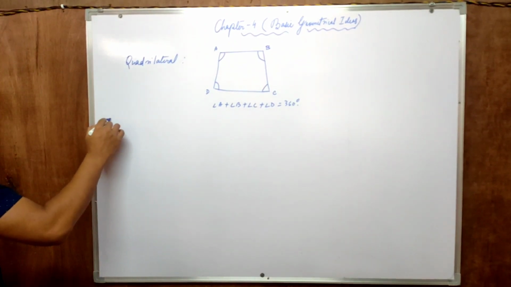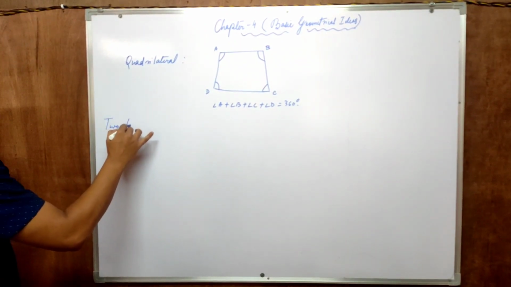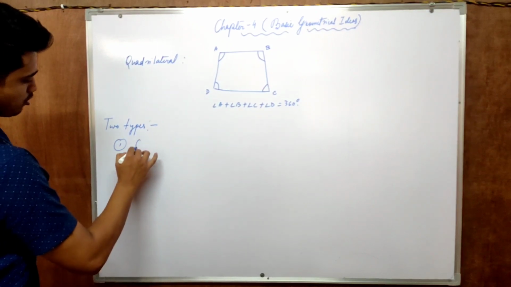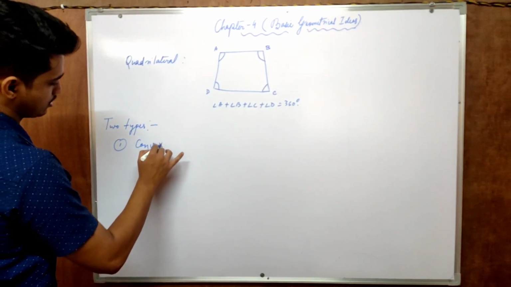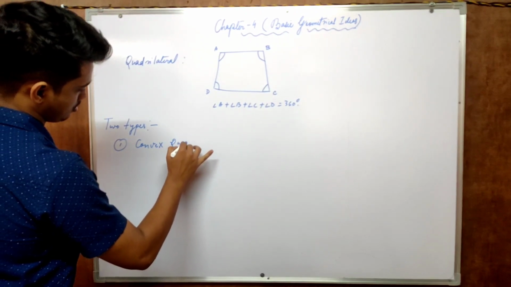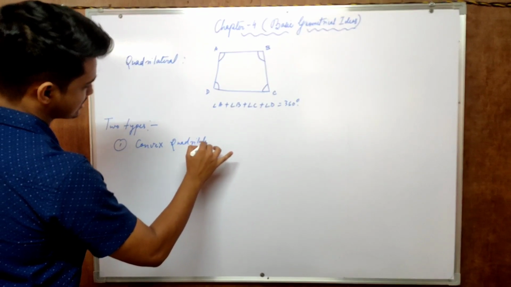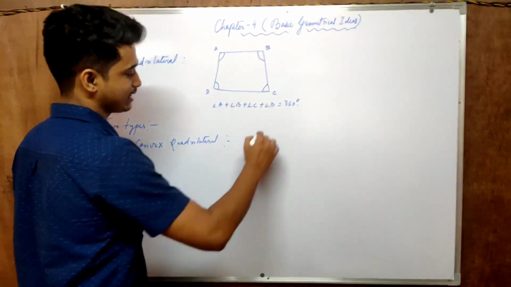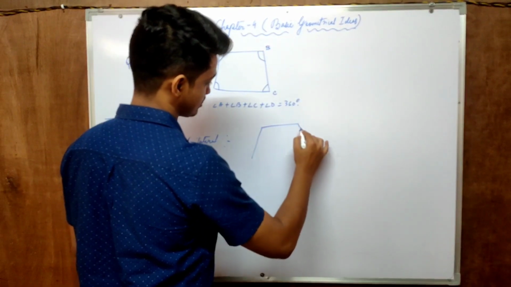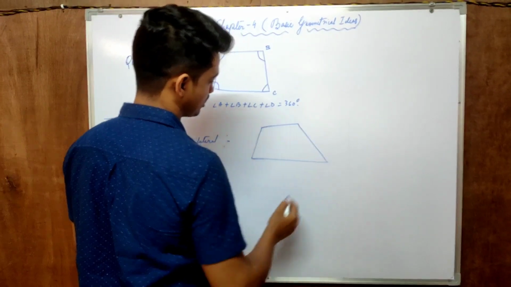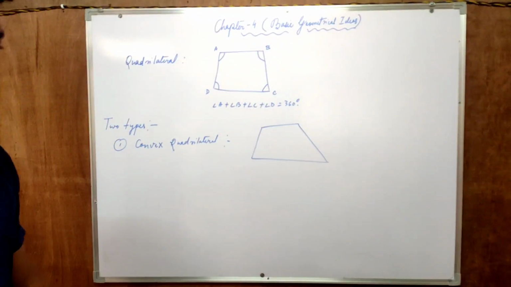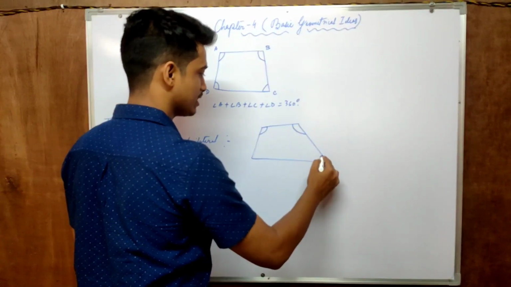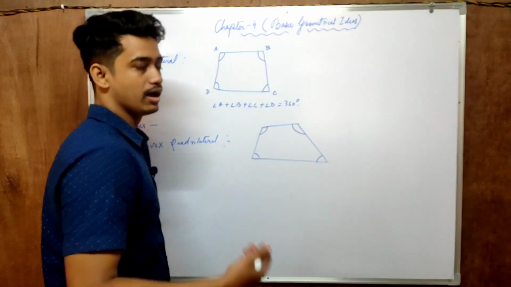There are two types of quadrilateral. The first type is called convex quadrilateral. So what exactly does convex quadrilateral mean? It means all the angles, for example in this quadrilateral, if you observe the angles, are less than 180 degrees. How?